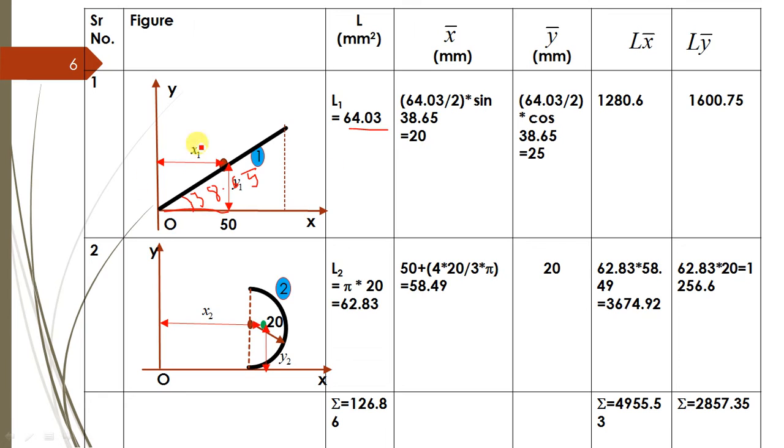Sorry, this is vice versa. Let me check, just one minute. 64.03 divided by 2 multiplied by sine of 38.65, so that is 20. So 20 is this value actually, and this value is 25.